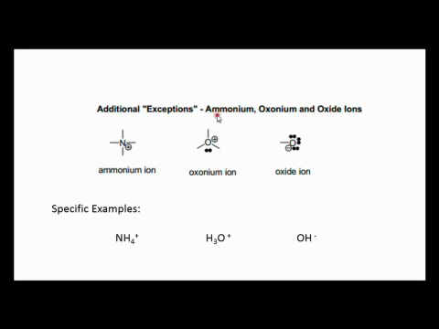Likewise, the oxonium ion, you've seen that in H3O+, the hydronium ion in previous courses. We will sometimes have carbons or other atoms bonded to the oxygens in place of those H's, but the pattern remains the same: 3 bonds, 1 lone pair, and a positive formal charge as the consequence. And finally, the oxide ion, which you've seen as the hydroxide ion, where there's an H here, can also have carbons and other elements there.